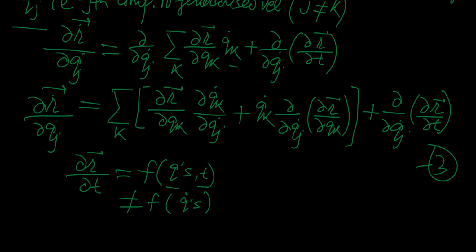So if it is not a function of generalized velocity, then we can say that ∂/∂q̇j of ∂r/∂t, since ∂r/∂t is not an explicit function of q̇j, this result will be what? 0.